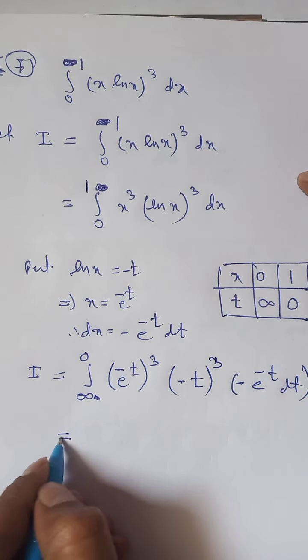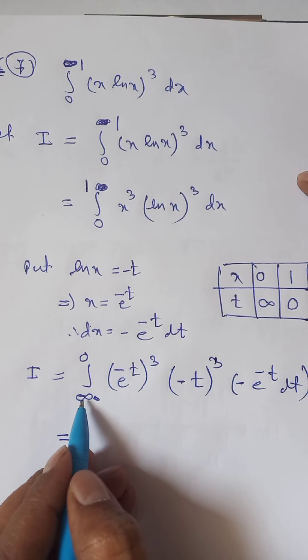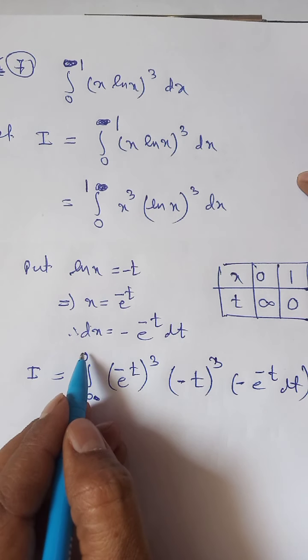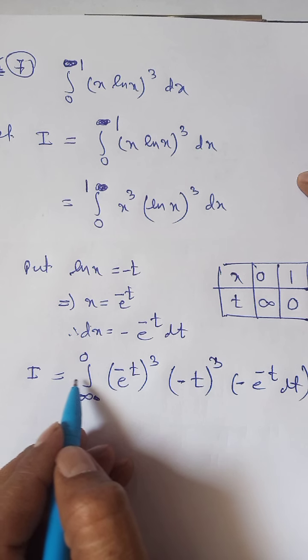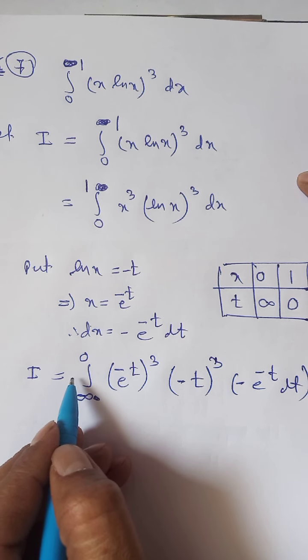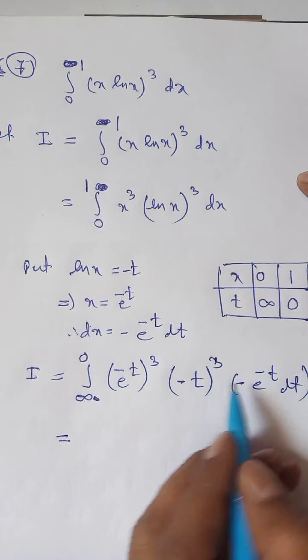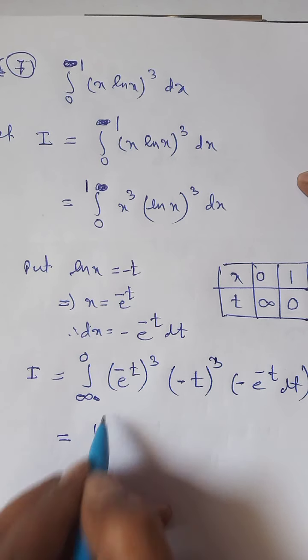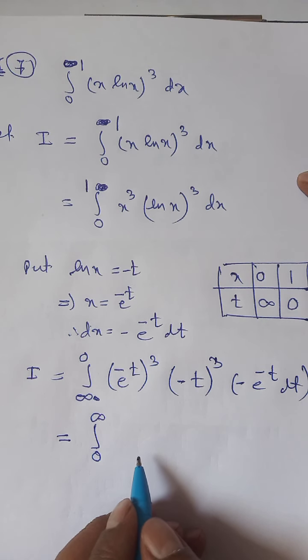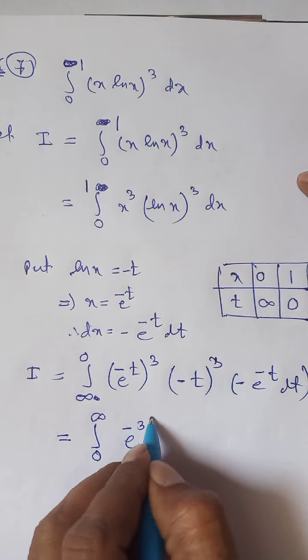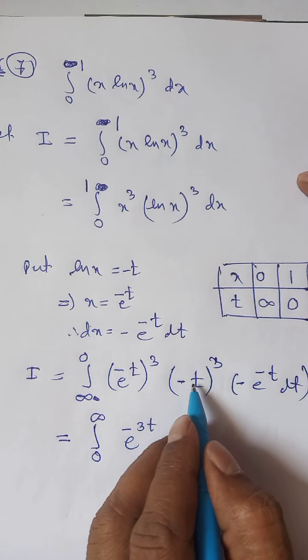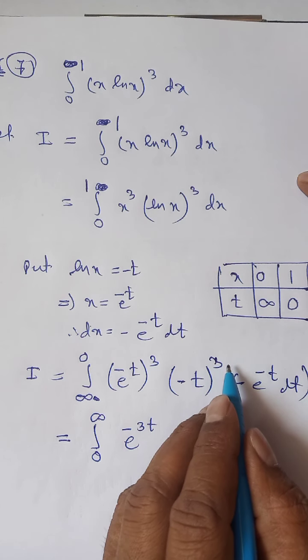Now simplify this. See, these limits can be changed to 0 to infinity, but we'll attach a negative sign in that case. So this negative and this negative will become positive. So we'll get integral from 0 to infinity e to the power minus 3t into minus t whole cube.